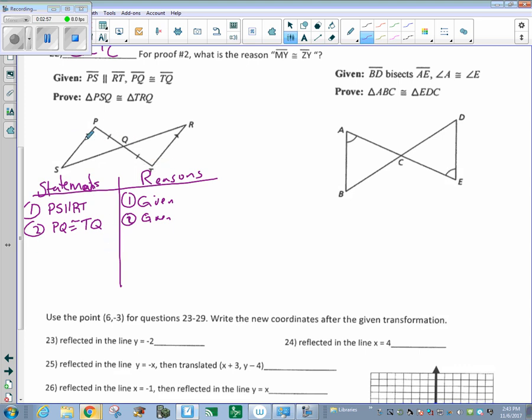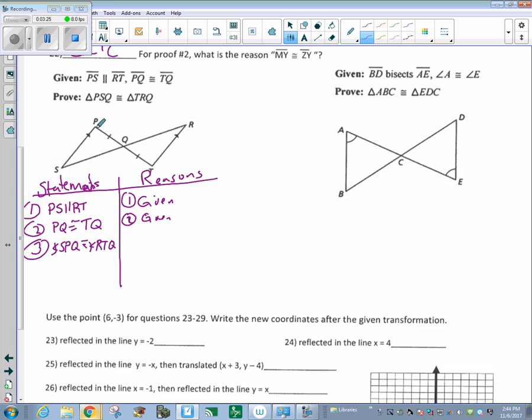So those were our two given statements. And so with this, knowing that they're parallel, we have a couple different options here. We could say angle SPQ is congruent to angle RTQ.